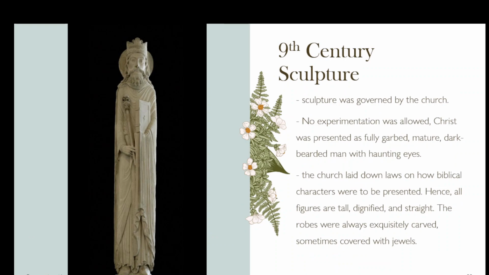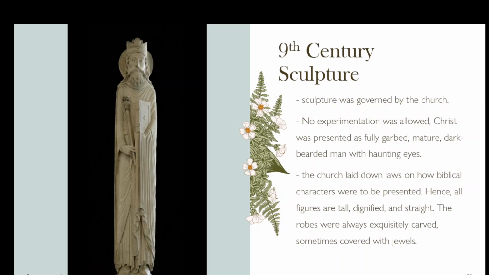Ninth century sculpture. Sculpture was still governed by the church kasi nga sabi ko kanina, 'di ba, sa kabuuan ng medieval period, religion yung pinaka-powerful. No experimentation was allowed. Christ was presented as a fully garbed, mature, dark-bearded man with haunting eyes. The church laid down laws on how biblical characters were to be presented.